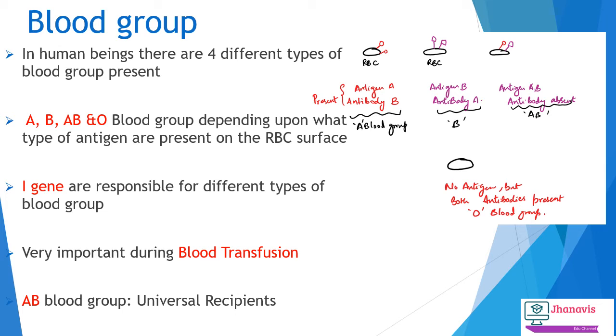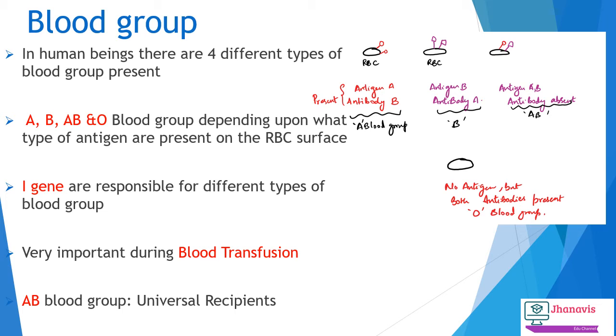The individual with the B group will identify the A group blood as a foreign body and start producing antibodies against it. When it starts producing antibodies against the A blood group, clotting will take place and immediately the person can die.